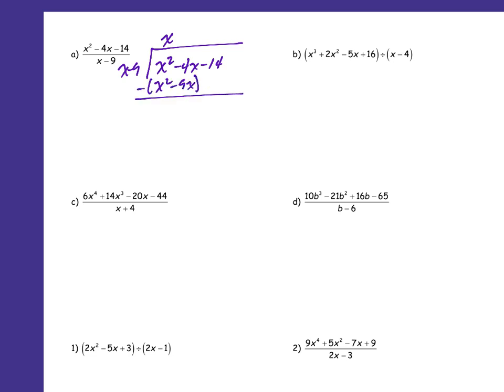Subtract that, and I should get 5x minus 14. And then multiply by 5, so that would be 5x minus 45. Subtract that, and I should get 31. So plus 31 over x minus 9.